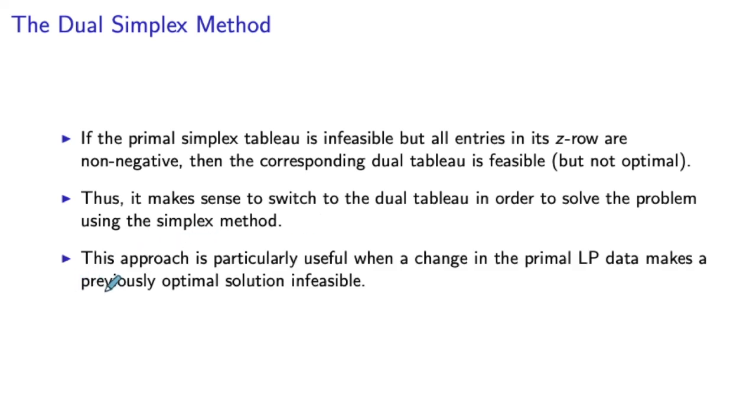So this approach is particularly useful when we change the problem data, and as a result of this change, the solution that used to be optimal for the primal LP now becomes infeasible, and in order to find the new optimal solution, it's easier to switch to the dual, and intuitively you will not need to put too much effort into finding the new optimal solution if the change to the problem was not very dramatic. Alright, and this will be the next topic of our discussion, so you'll see how exactly all of this is applied in the context of sensitivity analysis.